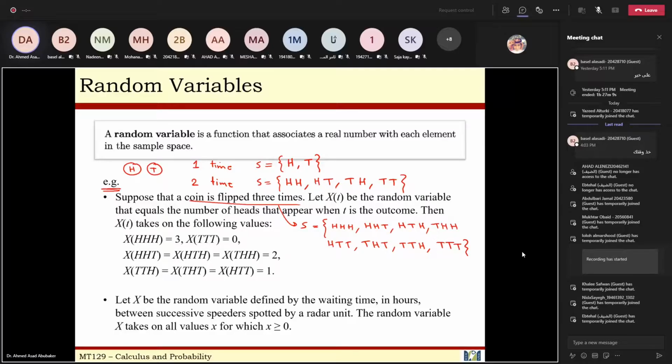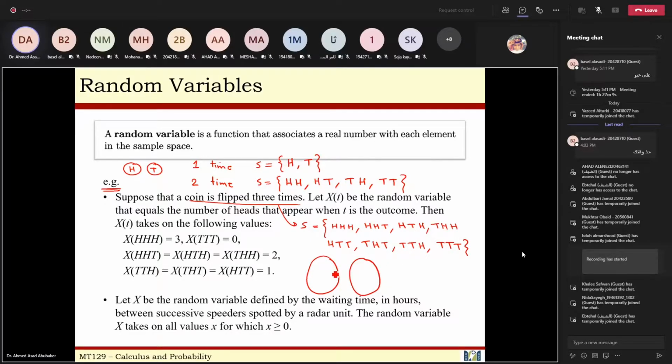Now the learning outcome. The random variable connects the number of H, the outcomes of the experiment in the set S, via the random variable.